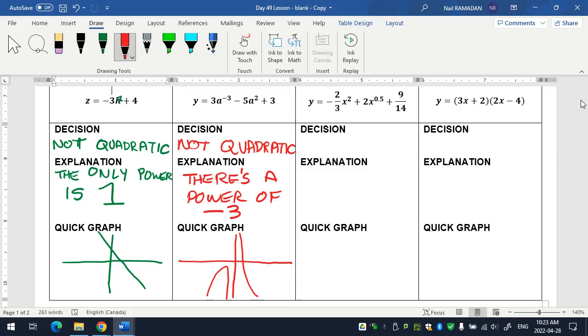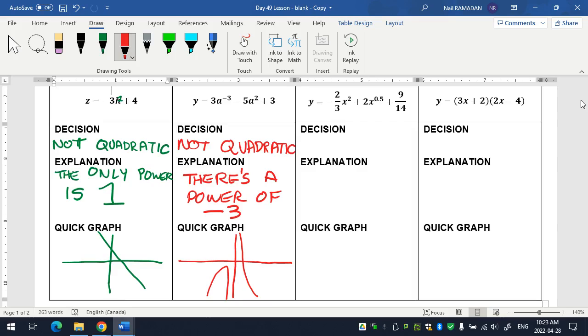By the way, you are right. There is a power of 2, but that's not always all we look at. We still check the whole thing. Caleb? Yes.